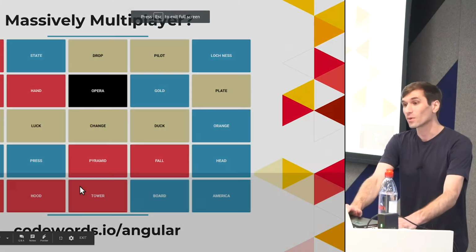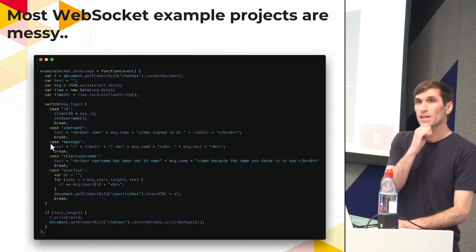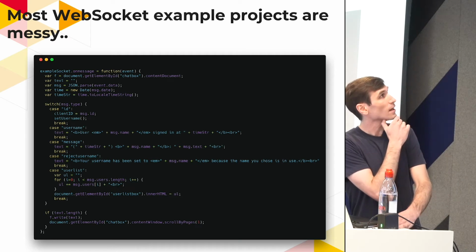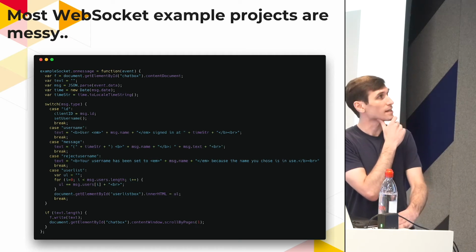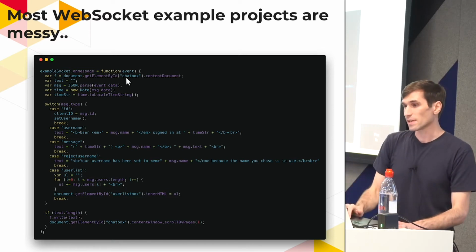But yeah, so what I'm going to do is talk a little bit about what happens when you write your first WebSocket project, like what you would normally see. I don't know if you can read this, but when you look at WebSocket examples, a lot of them are pretty messy. So just in this example, you've got JSON parsing here. You're creating an object from a date string.